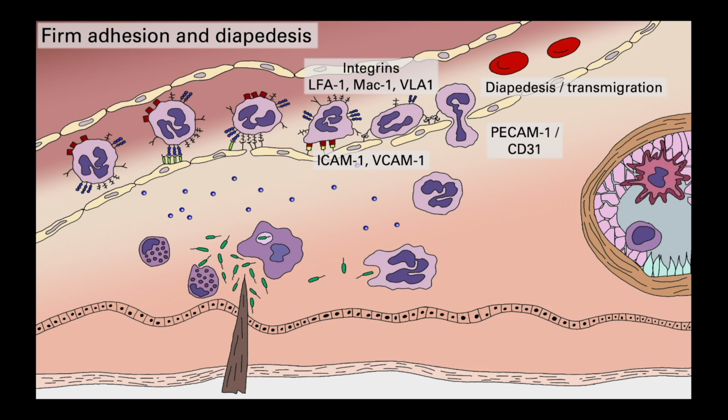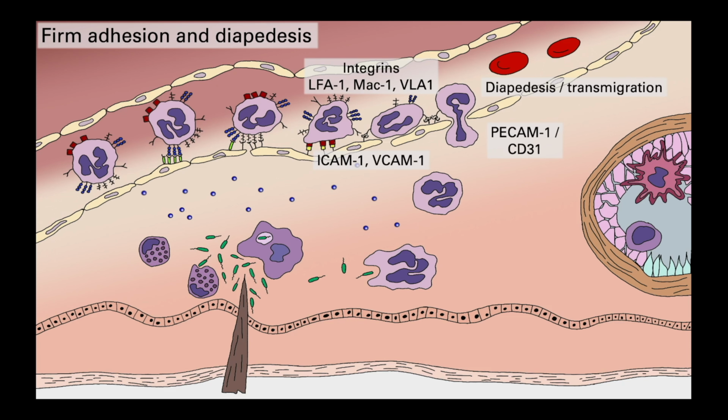This allows for firm adhesion and rolling arrest, with the binding forces being strong enough to resist the shear force of the blood flow. This arrest allows the leukocytes to spread along the endothelium, and this will allow for the next stage of the process, which is transmigration.